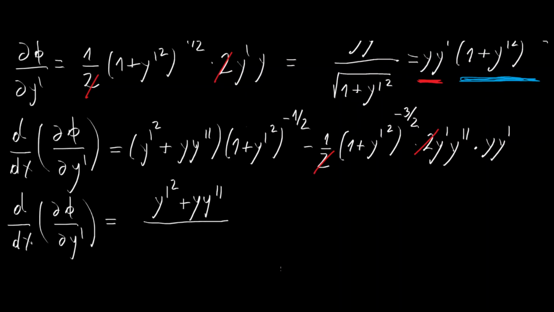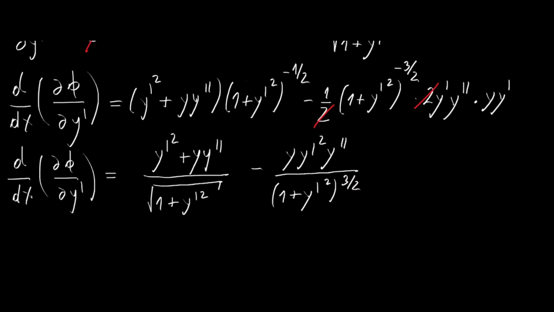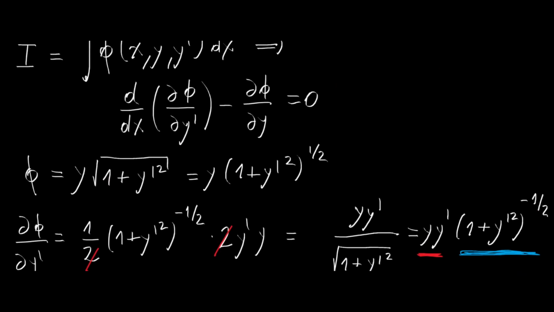I will now write this exponent as a square root. Okay, minus, and here we will have the following: y prime squared y y double prime divided by (1 plus y prime squared) to the 3/2. Okay, that's our first part of this Euler-Lagrange equation.